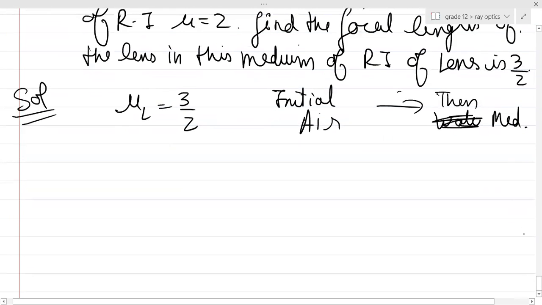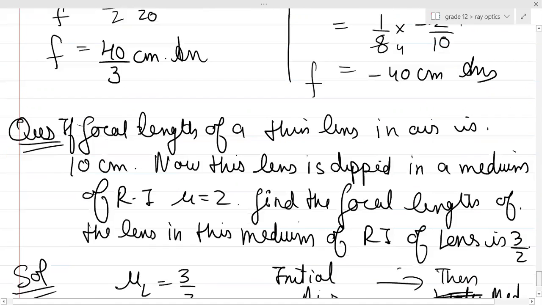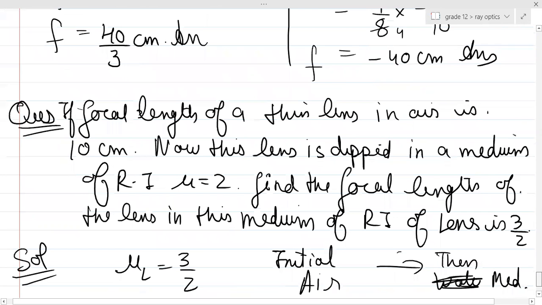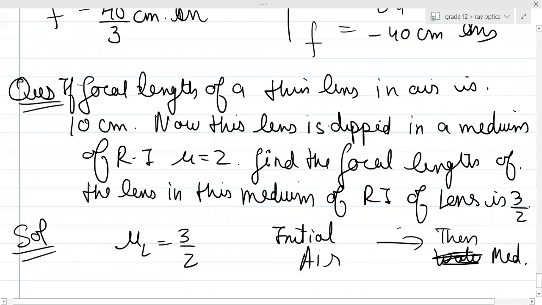Now tell me this particular thing, guys. Let's try to do this. This is mu naught and this is mu, and the focal length is f naught.